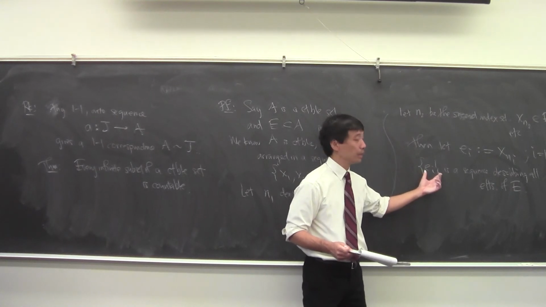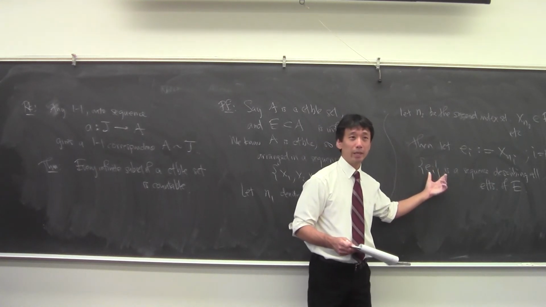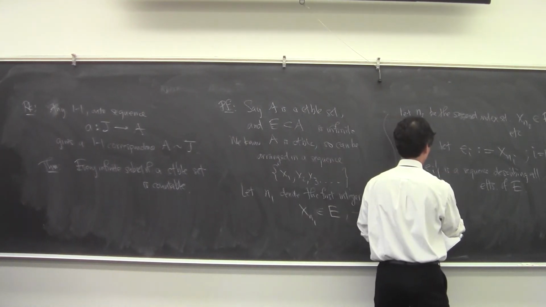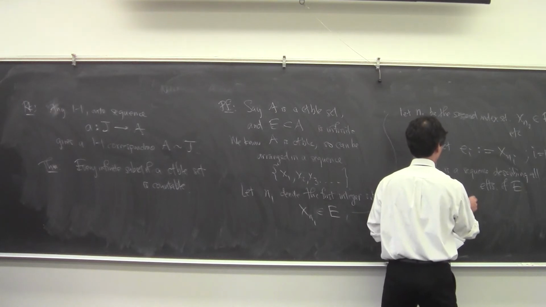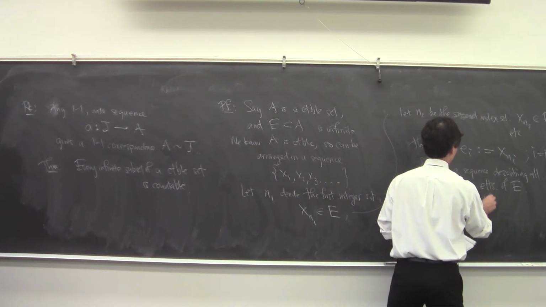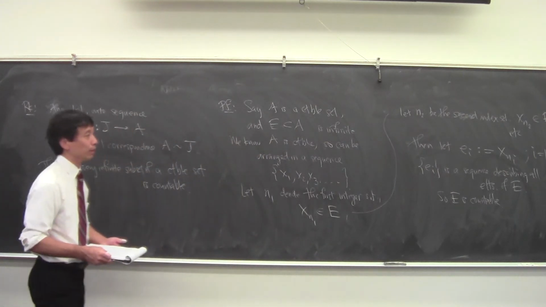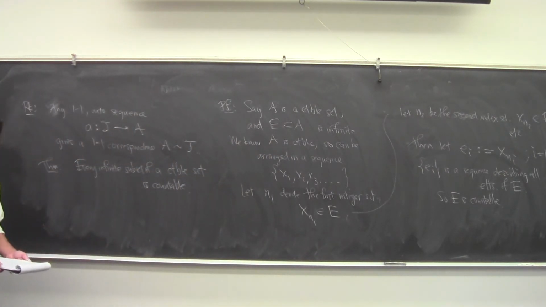This thing gives you all elements of E, and it hits each of them only one time. Right? So E is countable. You found a one-to-one sequence. You put E into a list.